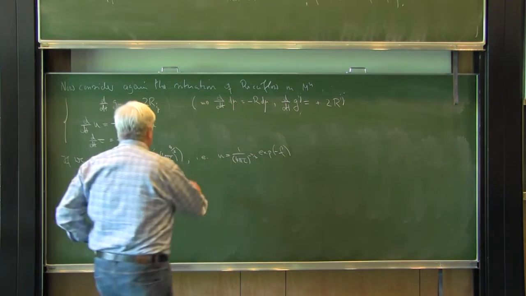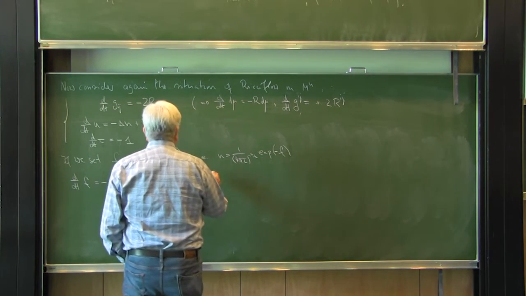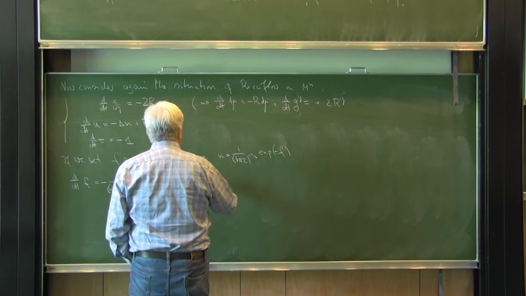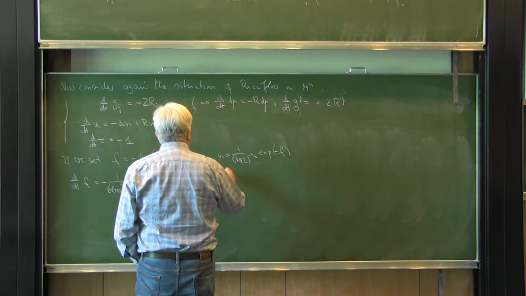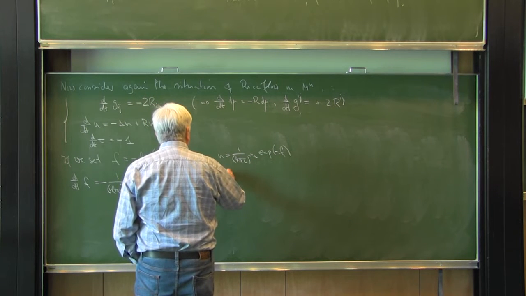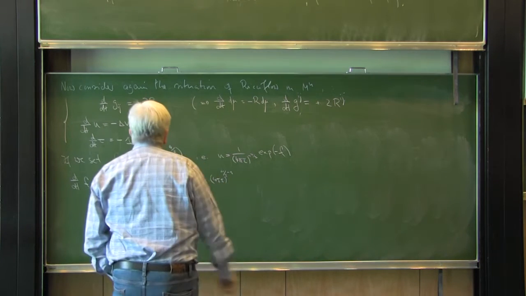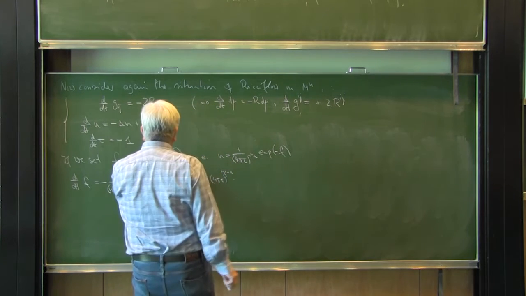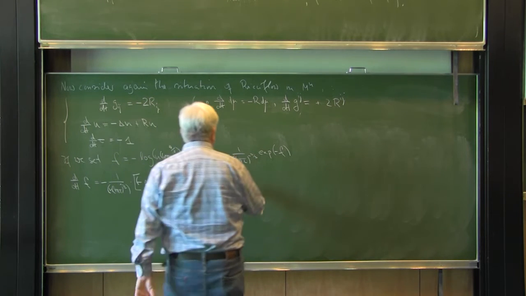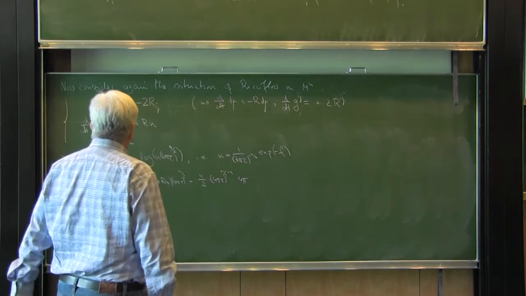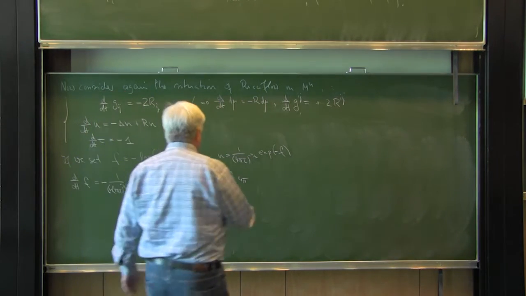And then we get plus n over 2 times 4 pi tau to the n over 2 minus 1 times a minus sign from the ddt tau times 4 pi. Right?